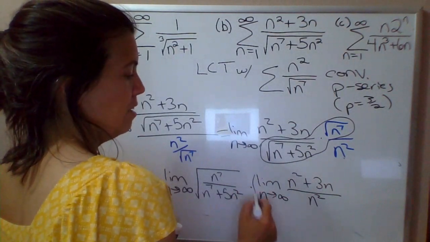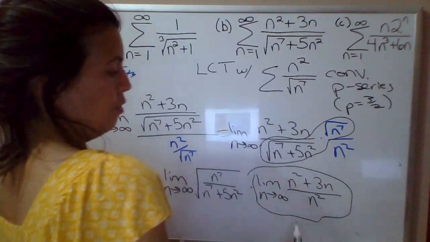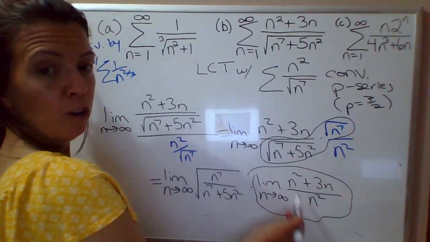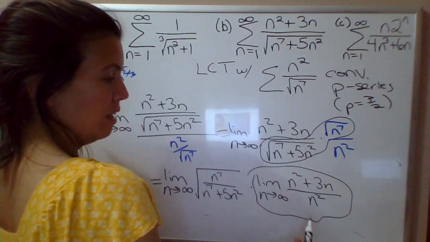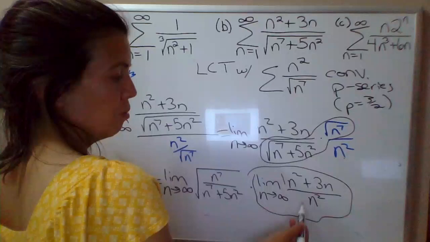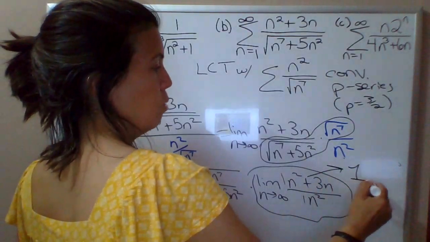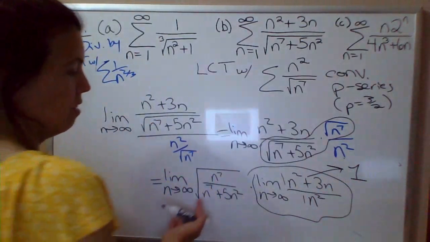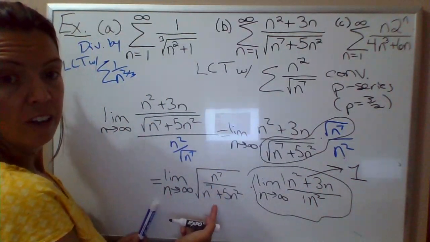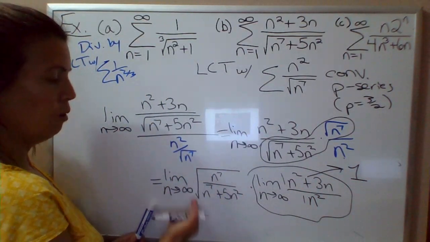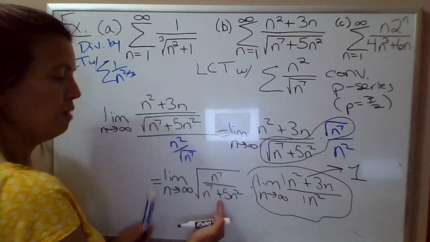This limit right here, you have a rational expression, same degree in the numerator and denominator. So the limit is the ratio of the leading coefficients, which is 1 over 1. So this limit is approaching 1. This limit over here, square root is a continuous function, so I can move the limit underneath.